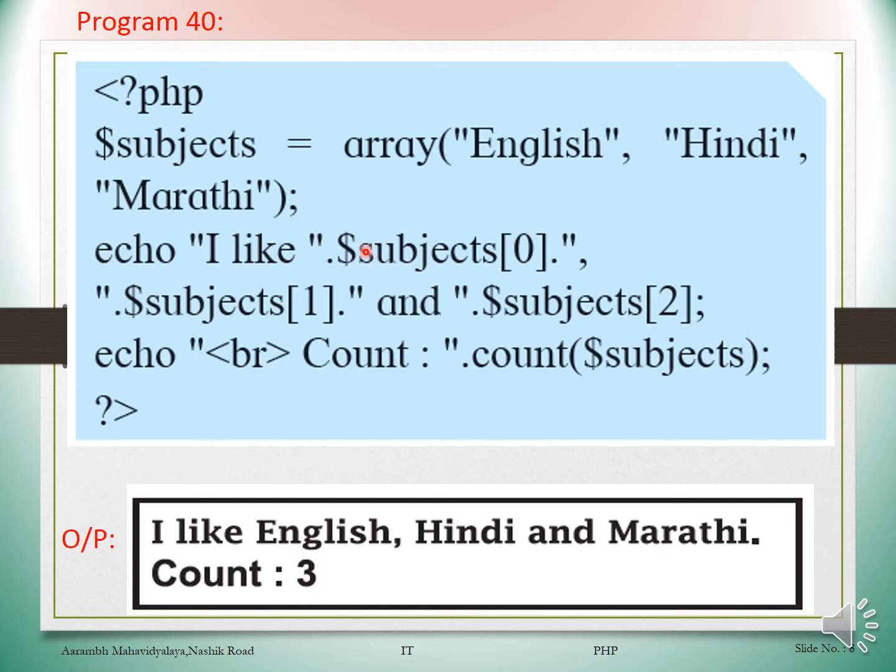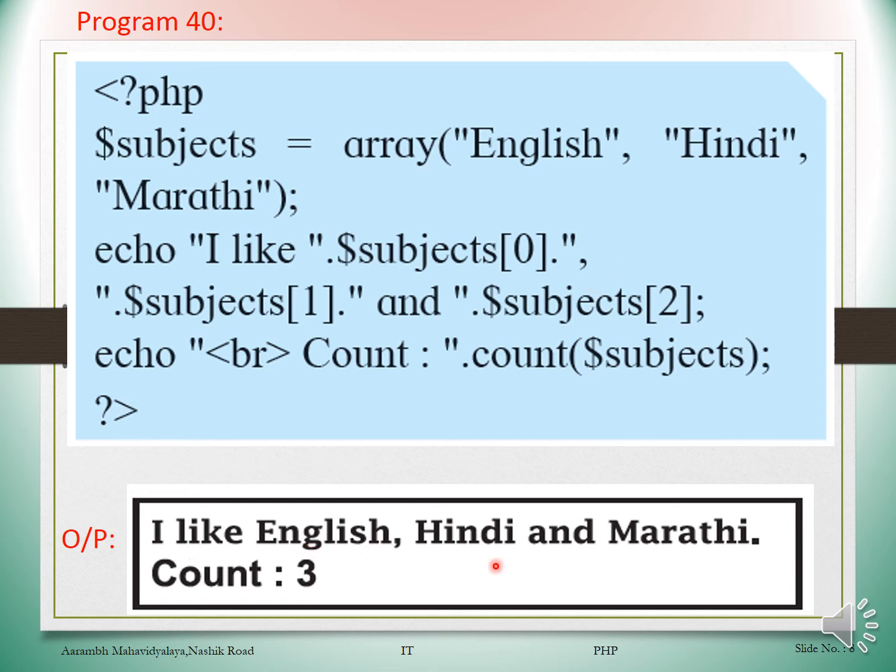I like will be displayed as it is, and then this dot or period is used to indicate that this declaration will go inside the memory and will find subject 0 from this array list. Therefore $subjects of 0th location is English. It will be displayed here like this, I like English.